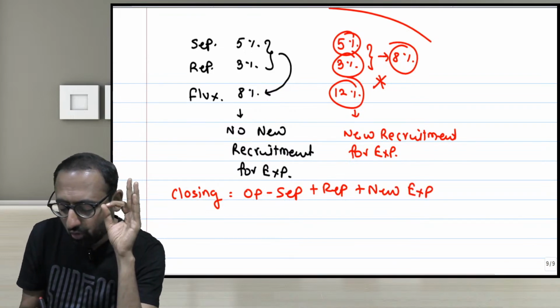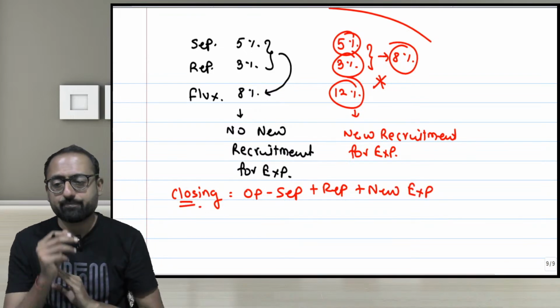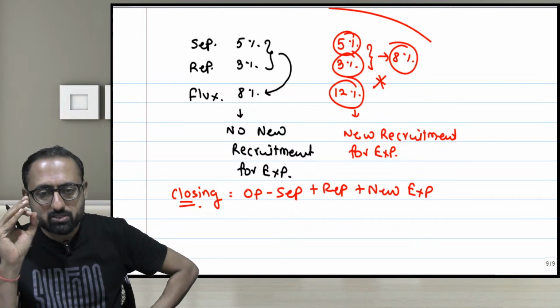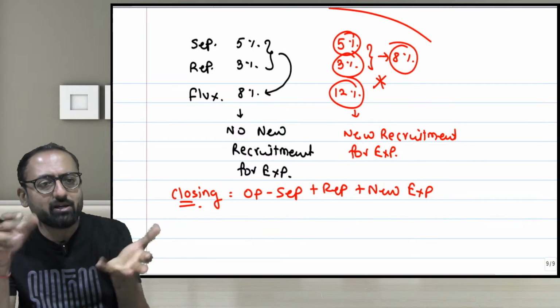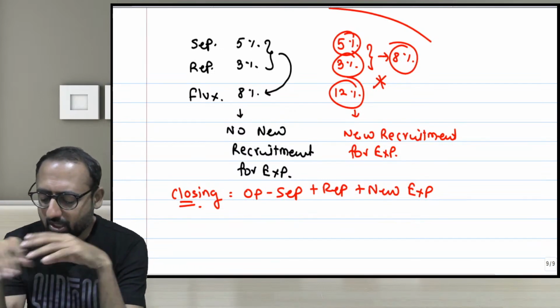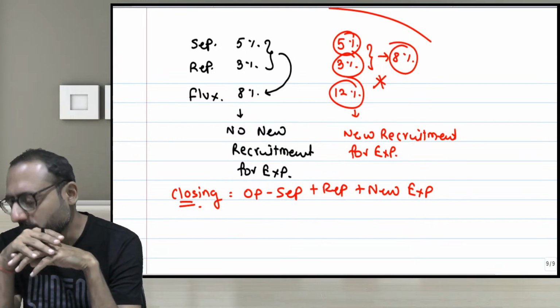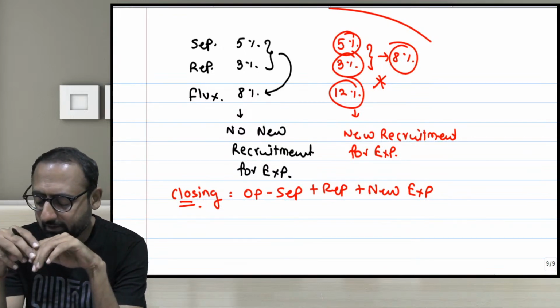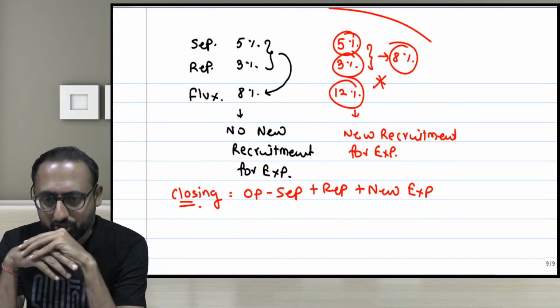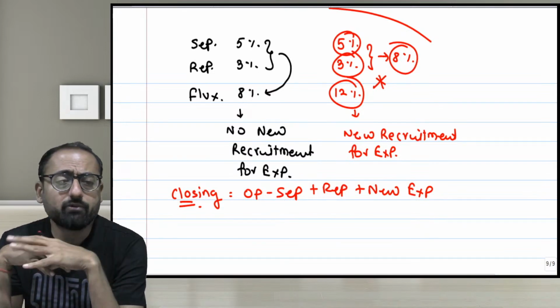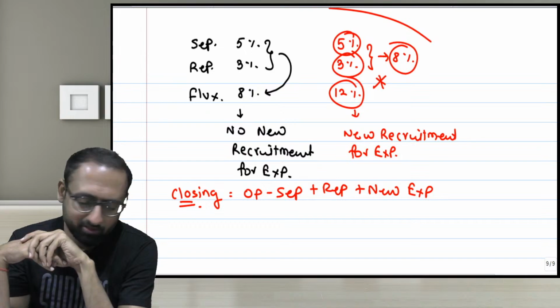So boys and girls, from opening workers you deduct workers separated, who left or were discharged, plus replaced vacancies if you are refilling them, replacement will be added, plus new recruitment for expansion will be added. This is how you will calculate the closing number of workers.